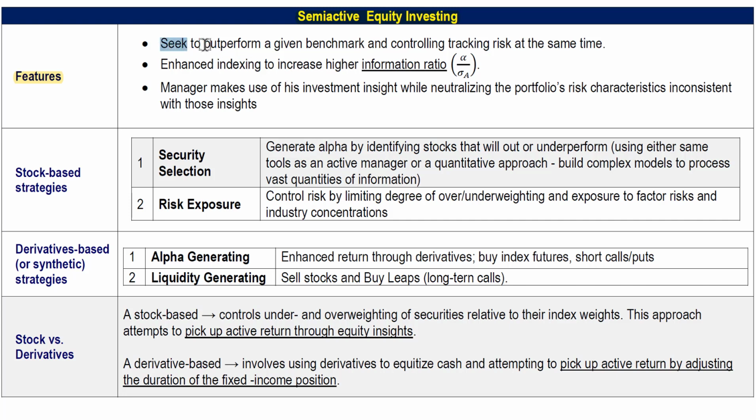In other words, seeking outperformance, but given a benchmark so that you are able to control the tracking risk simultaneously. So the purpose is to control beta and seek alpha. I would summarize this: semi-active is control beta and seek alpha.